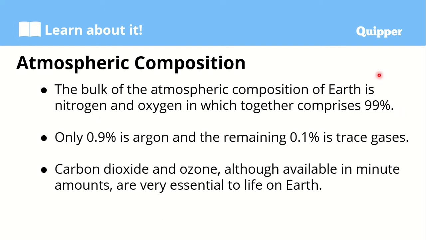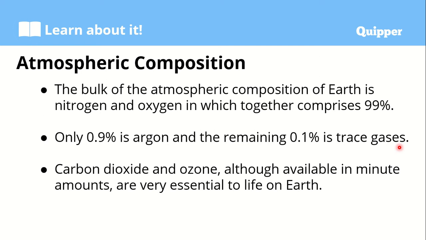So these are among the most abundant gases na atong makit-an sa atong Earth's atmosphere, duha daw ani kay ang nitrogen and oxygen, which together comprises 99%. So only 0.9% is argon, which is also a type of gas, and the remaining 0.1% is trace gases.